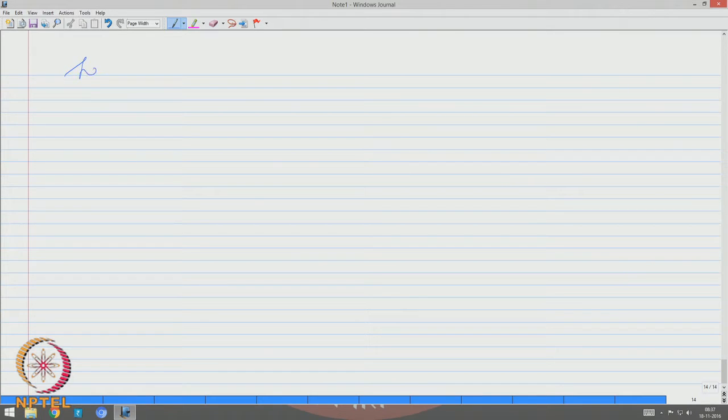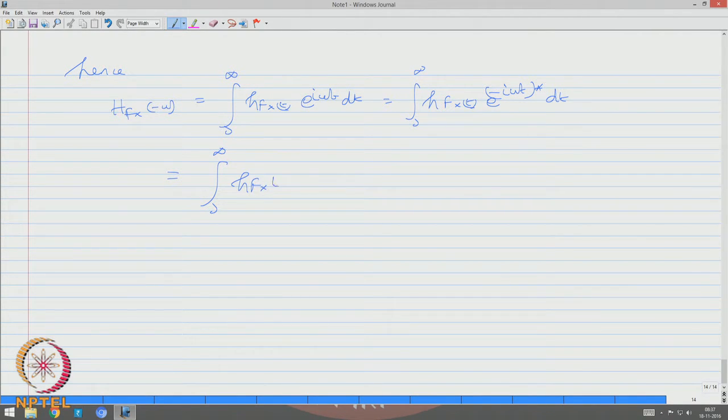Hence, H_f,x(-omega) is the integral 0 to infinity h_f,x(t) e^(i omega t) dt, which is the integral 0 to infinity h_f,x(t) e^(-i omega t) dt star. Then we can say the integral 0 to infinity h_f,x(t) e^(-i omega t) dt star is H_f,x(omega) star.